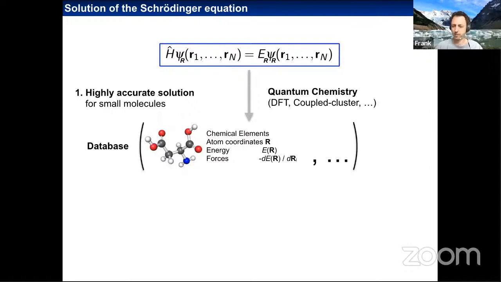And there is this whole field of machine learning of quantum chemical solutions that I'm sure you've also seen several talks of, where the idea is to take a database of molecules or materials and take atomic coordinates and use one of these methods, such as DFT or coupled cluster, to compute solutions, energies, forces, and then use these data to predict new solutions for other molecules outside this database, outside this training set, with supervised learning techniques.